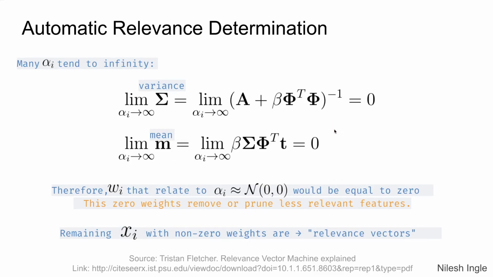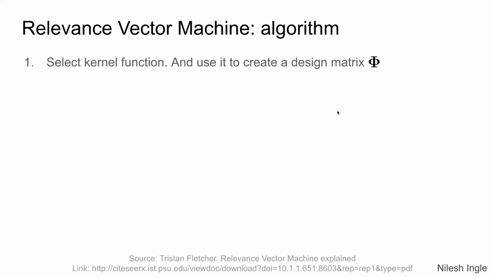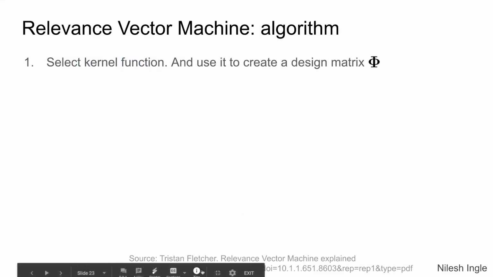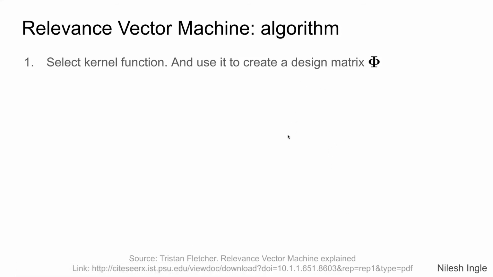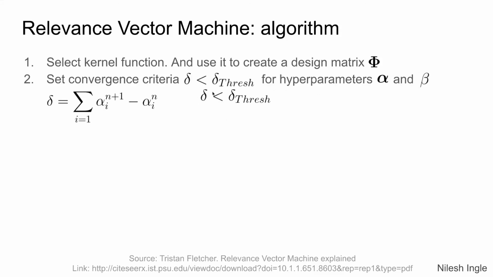Now moving on, let's look at the algorithm. And again, this is from the paper Relevance Vector Machines. So if you need additional information, I highly recommend checking that out. The first step is to select a kernel function and use it to create a design matrix, and then set a threshold value so that you can check on the values of alpha as the iteration proceeds.